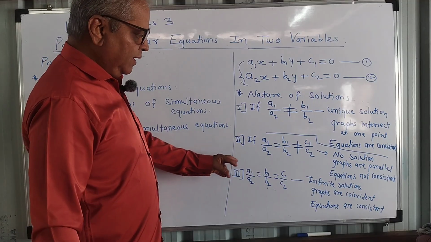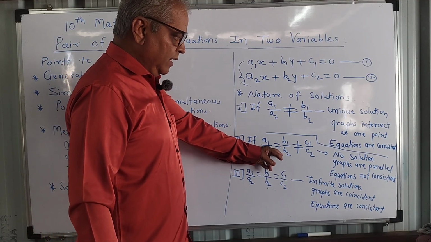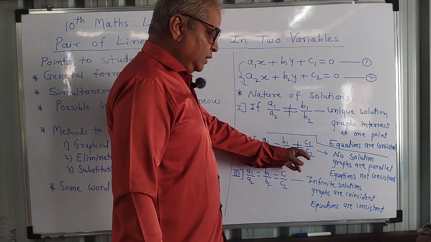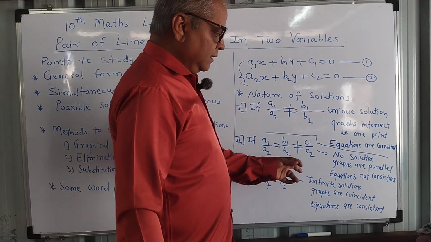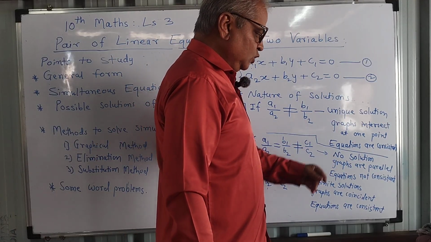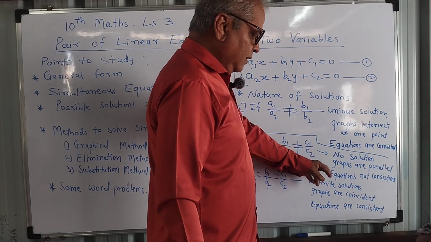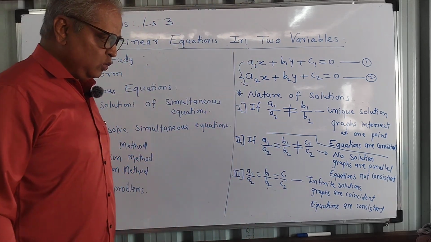Second possibility, if a1 upon a2 ratio and b1 upon b2 are equal, then look for c1 upon c2, and if c1 upon c2 is not equals to first two ratios, then equations have no solution. Graphs are parallel, they will not intersect each other, and equations are not consistent because it has no solution.